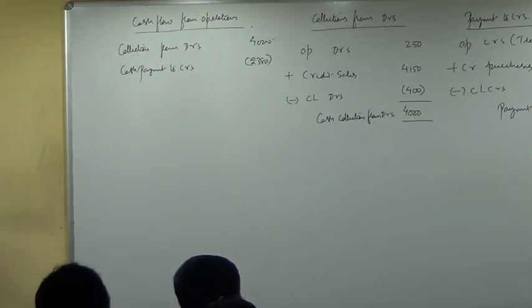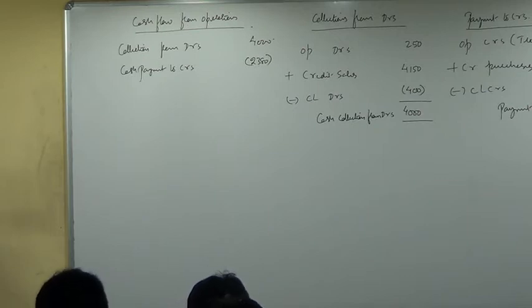How to arrive at expense? Payment, add outstanding at end, less outstanding at beginning. This is what we have learned to arrive at expense to be debited to P&L account. I know this.